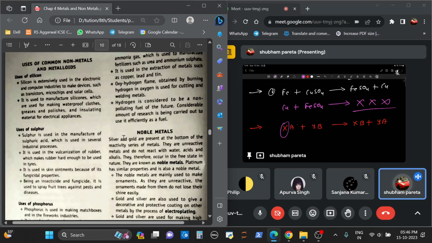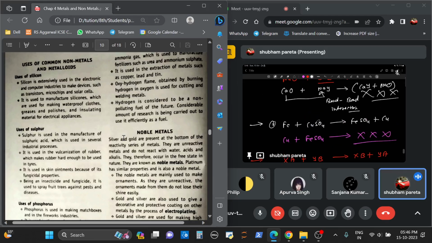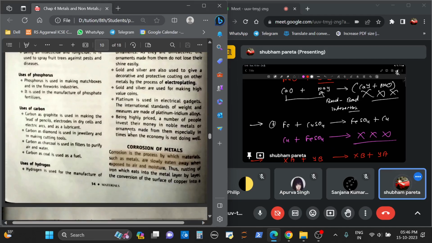X is also getting displaced, Y is also getting displaced. So X is connected to B and Y is connected to A. This is known as a double displacement reaction, and before this we saw a single displacement reaction.